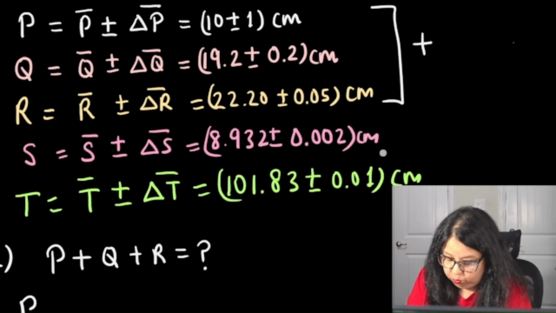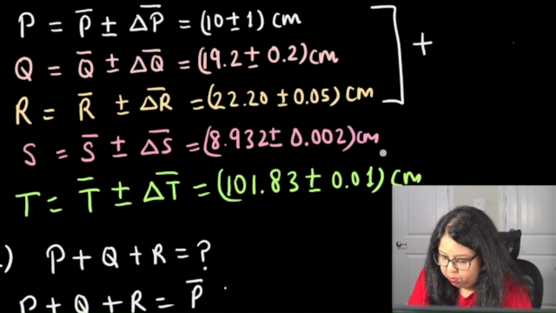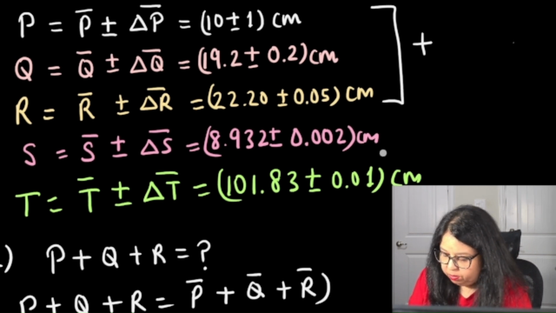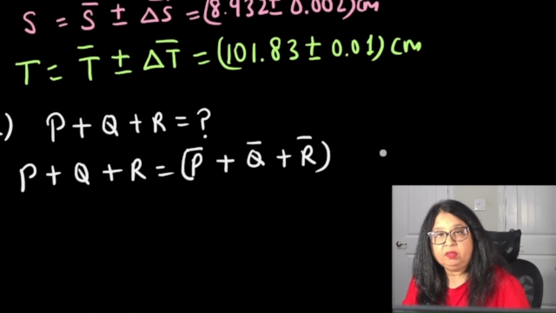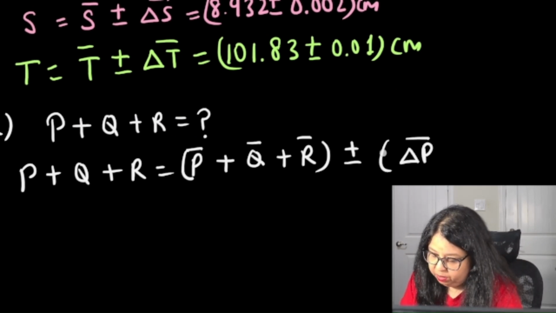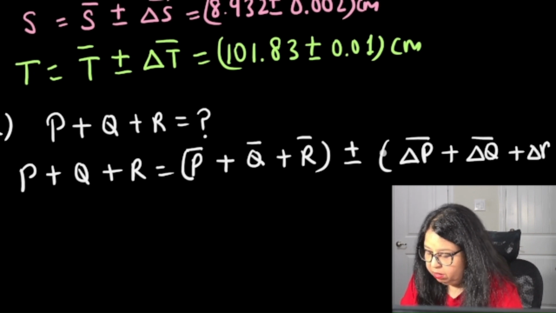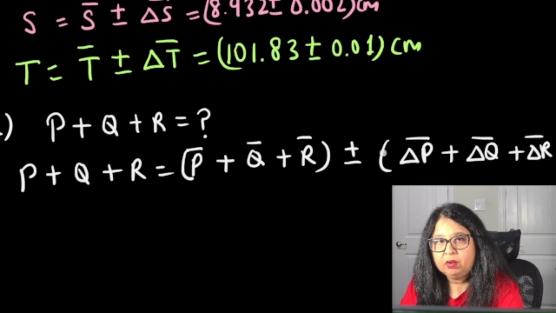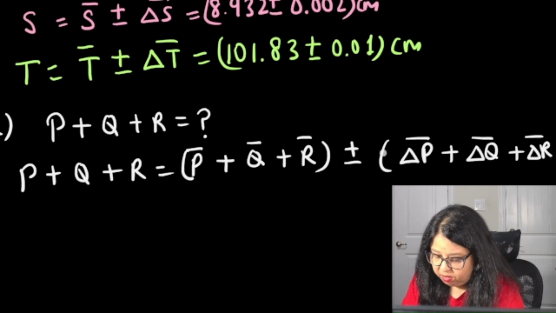This is going to be equal to P bar plus Q bar plus R bar, plus minus delta P bar plus delta Q bar plus delta R bar. Are you with me so far?